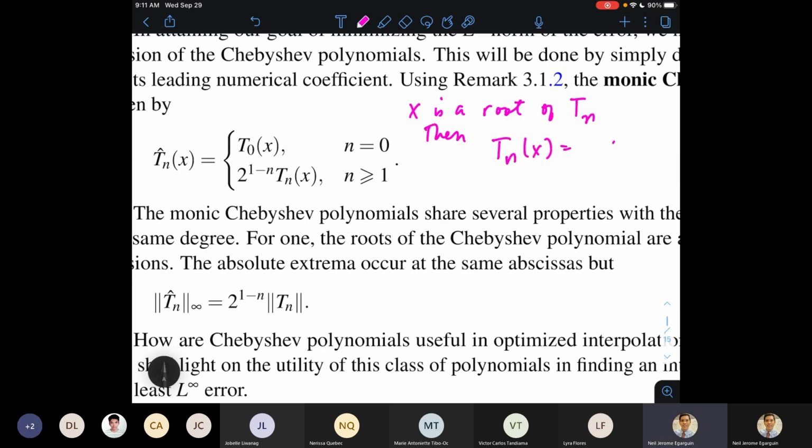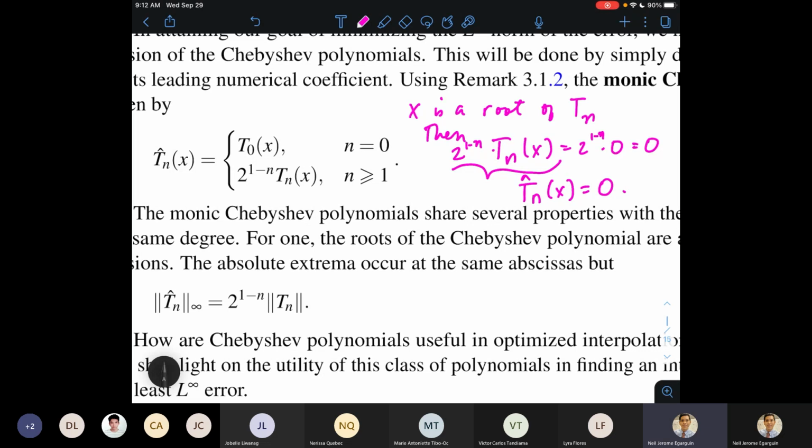And then if I multiply both sides by 2 to the 1 minus n, equals 0, ibig sabihin itong 2 to the 1 minus n times T sub n, ito ay equal kay T hat sub n of x, equal pa rin kay 0. So kung ano yung roots ng Chebyshev polynomial, siya rin yung roots ng monic Chebyshev polynomial. So invariant yung roots up to scaling. So hindi natin nabago yung roots.